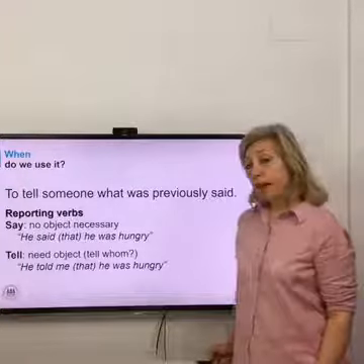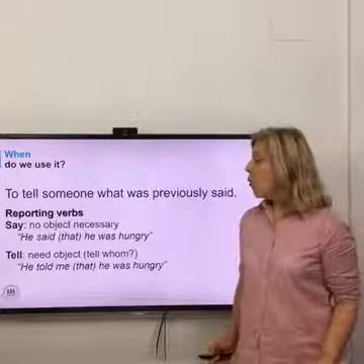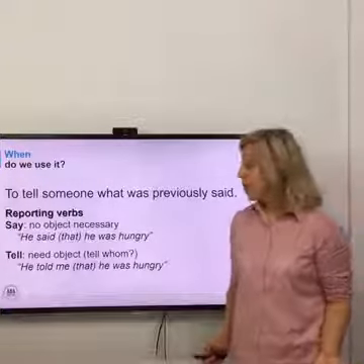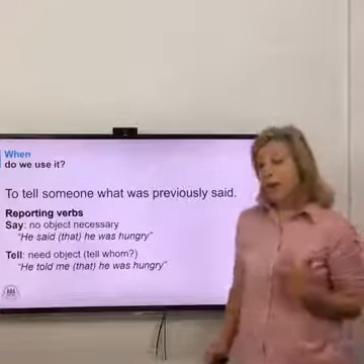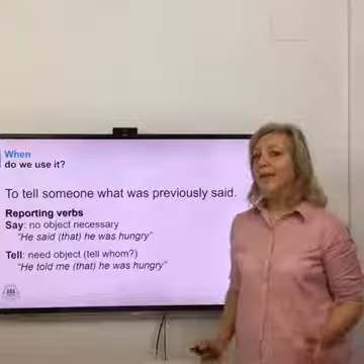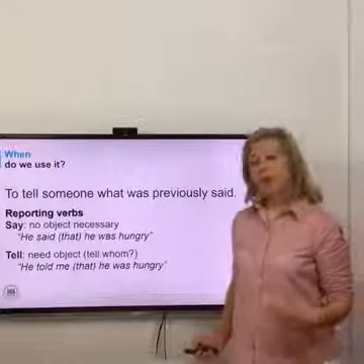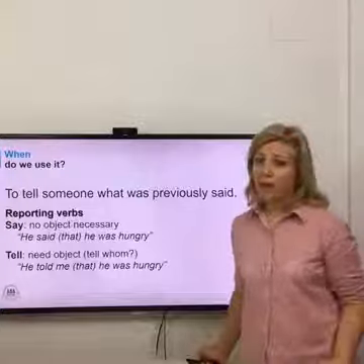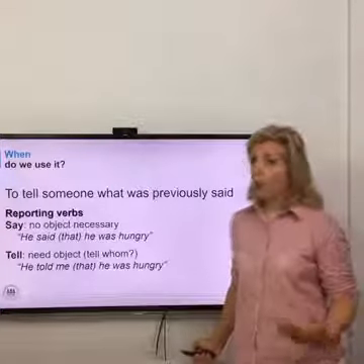Then the verb to tell, we use when we need an object. So he told me that he was hungry. Can you see the difference between say and tell here? Tell me if you understand it. And if you don't, there's lots of information about this on our blogs and on our course as well.